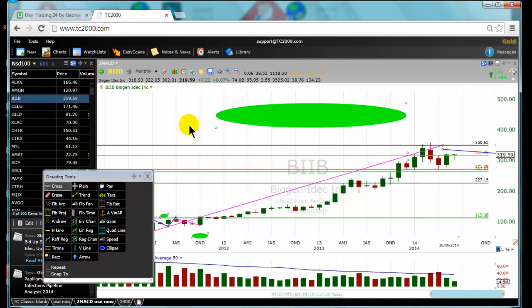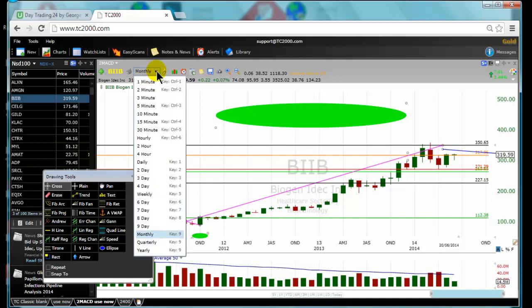Are you with me? So when the last week of the month is equal to the last week of a quarter, we need to pay attention to the quarterly chart. Did you get that? Because a quarterly candle is closed.